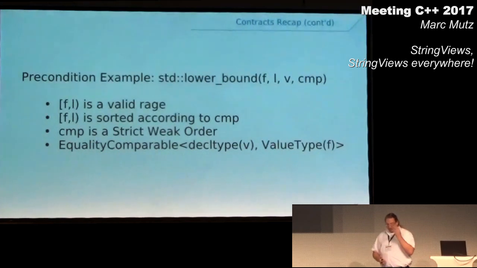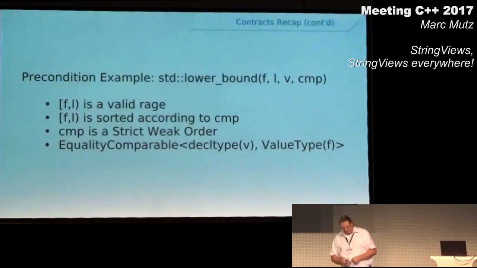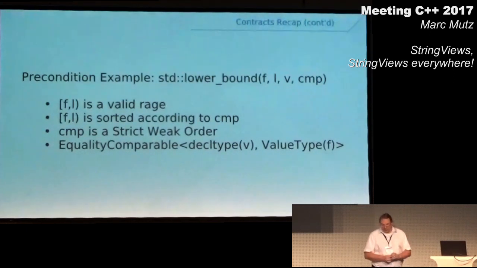And the declared type of v and the value type of f, so what star f returns, this is EOP syntax, they should be equality comparable. There needs to be an operator equal defined for these two types if they happen to be different.